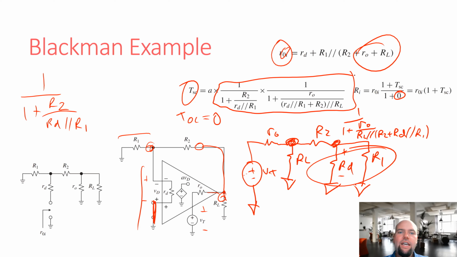And then, of course, it's negative A times the ratio of VD divided by VT. The negative goes away because we were solving for this voltage at the negative terminal, so we're negating the negative. And then we multiply that through by the open loop gain to get the return ratio.